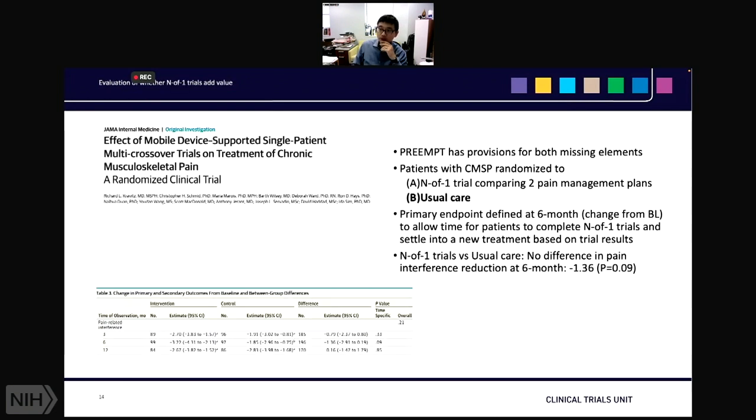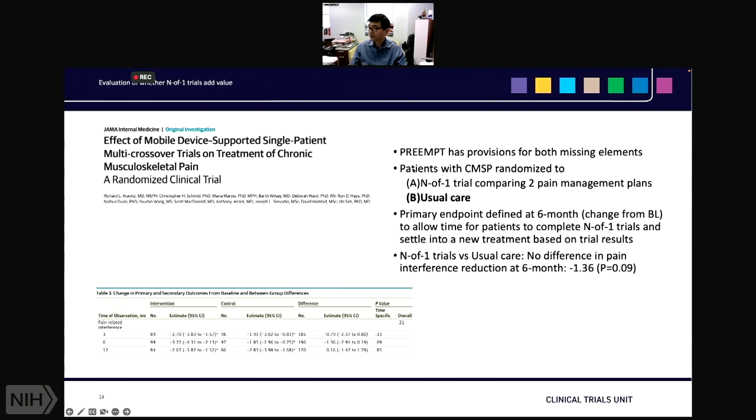So it comes to the third example that I talk about, the chronic pain example, where participants would be randomized to either receiving an N-of-1 trial or usual care. This study is called PREEMPT, and it actually has provision for the two missing design elements I mentioned in the previous slide.